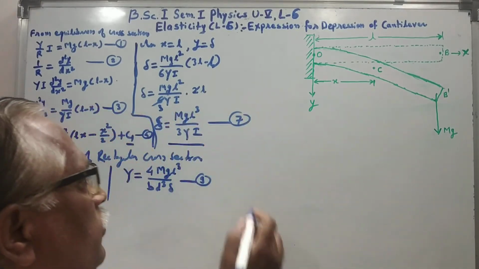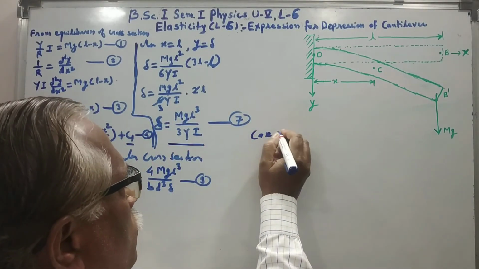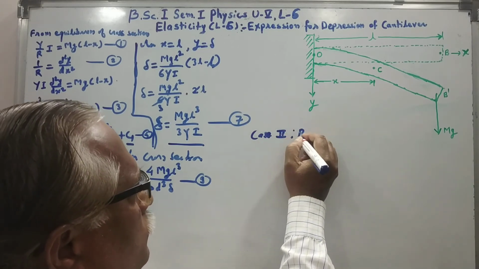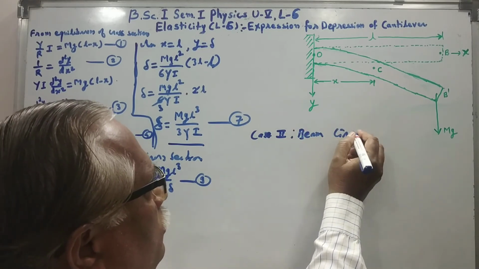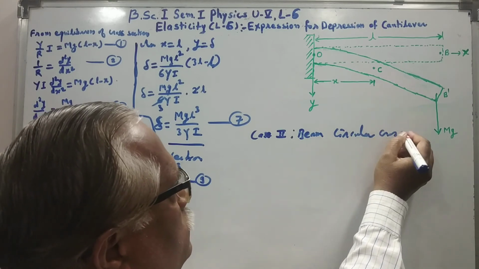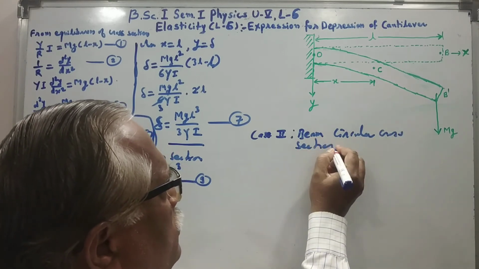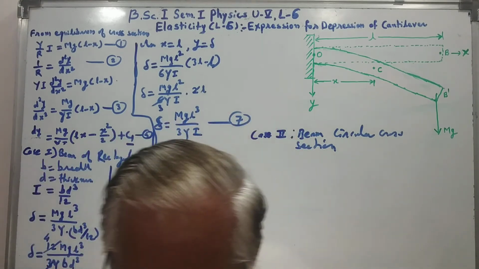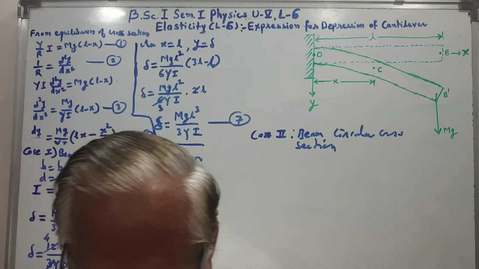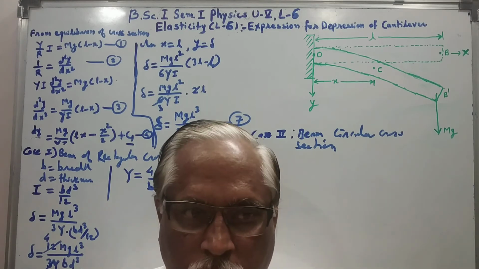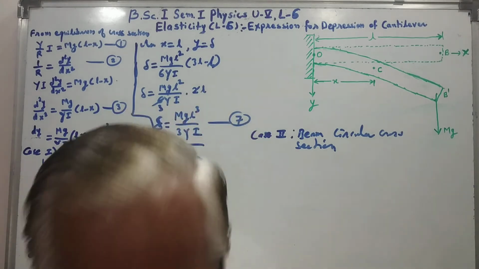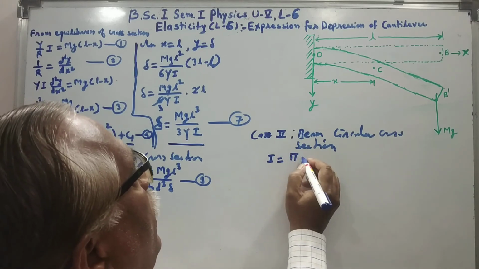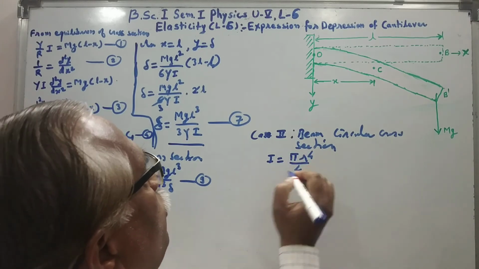Now case 2, for the beam of circular cross section of radius r. The geometrical moment of inertia I of the cross section about its diameter is I equal to pi r to the power 4 upon 4.